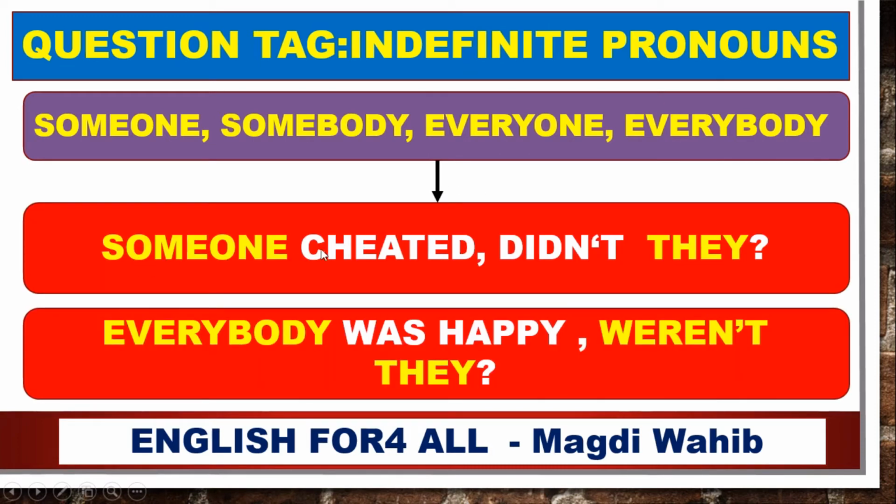Someone cheated. Someone is an indefinite pronoun. We don't know who that someone is, so we replace it with they. The sentence here is positive, so I will make the tag negative and keep its tense. The tense here is past simple, so we will use didn't, and change someone to they. Someone cheated. Didn't they?